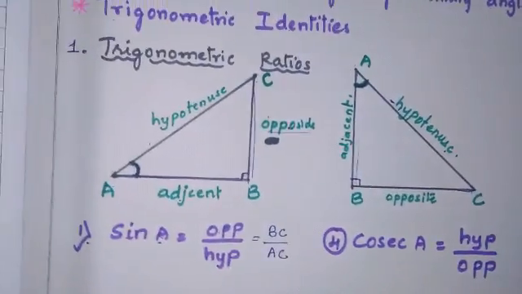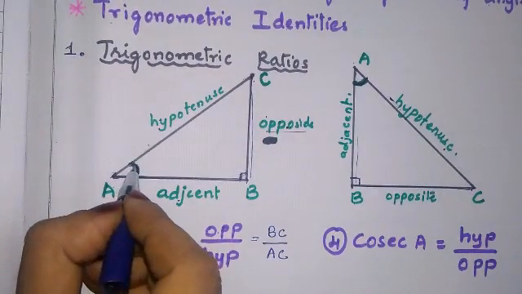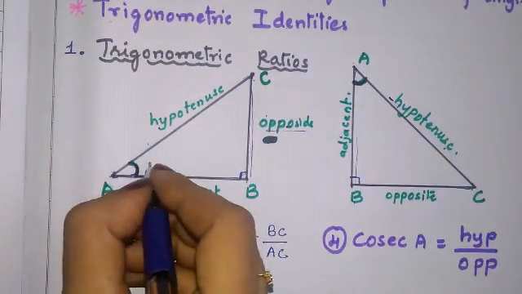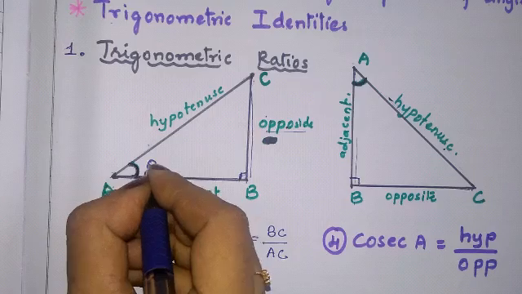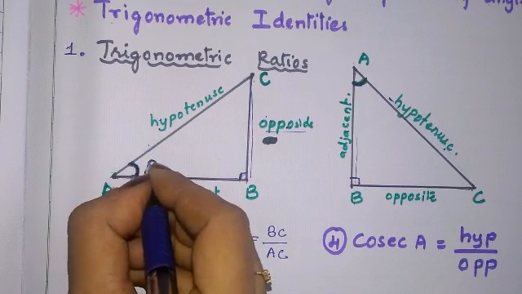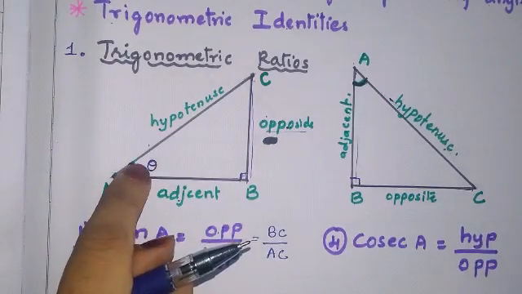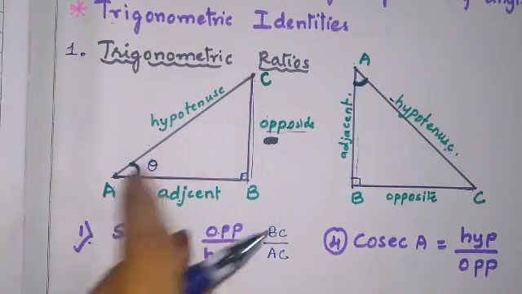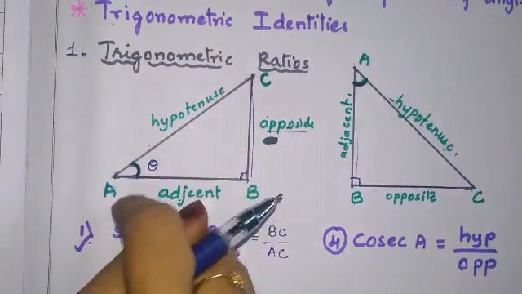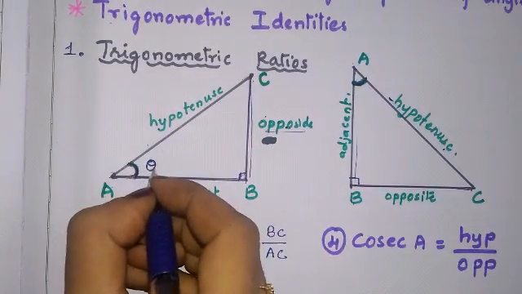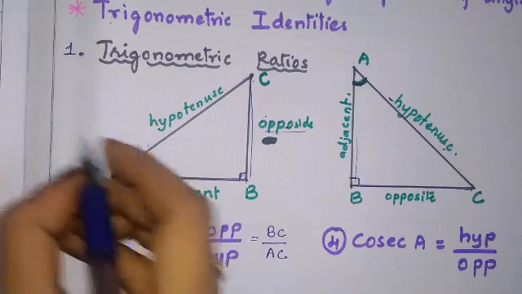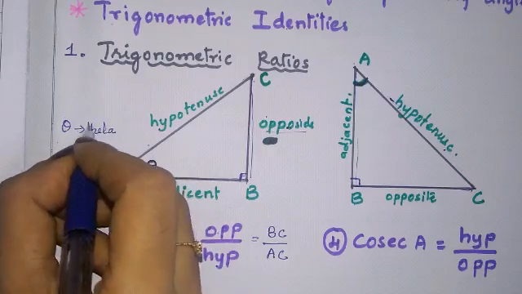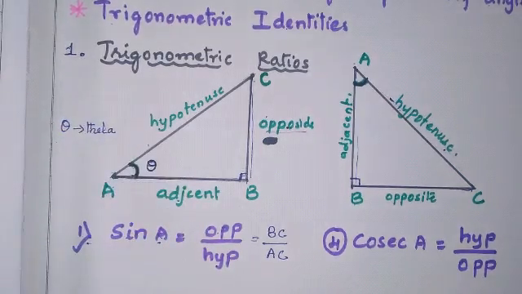So the only thing you have to understand is where the position of the angle is. Sometimes they term the angle as theta, sometimes they give it as a name only, A or C, sin A, sin C. Sometimes they consider the angle as theta, pronounced theta.